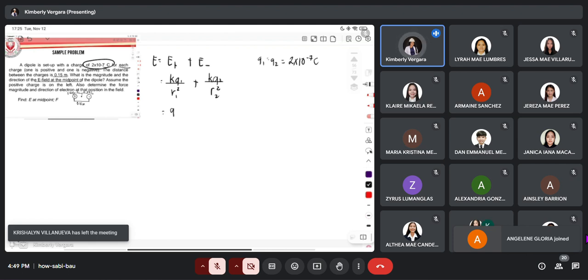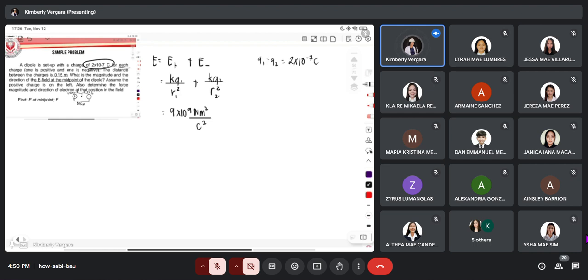So, 9, ang K natin, 9 times 10 raised to 9 Newton meter squared per coulomb squared times Q1, which is 2 times 10 raised to negative 7 coulomb all over by R squared. So, ang R natin is 0.15 meters over 2 squared.